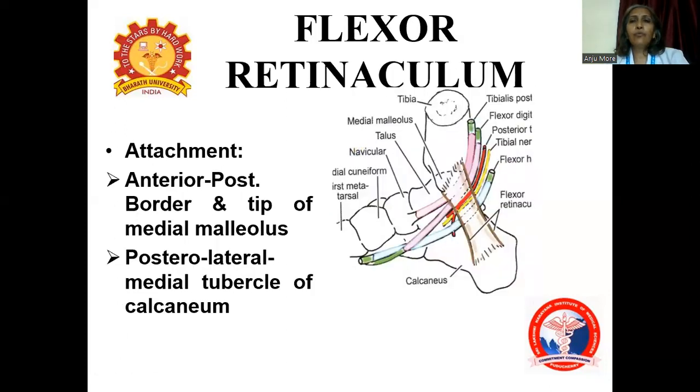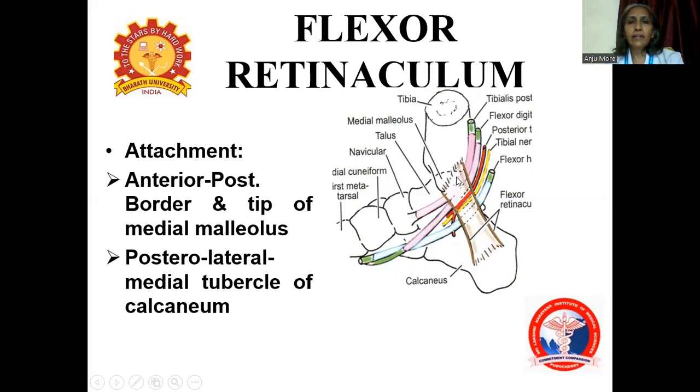In this diagram, we see the said modification of deep fascia, that is the flexor retinaculum. So here in this diagram, we see a band of deep fascia, which is nothing but a thickened deep fascia starting from the medial malleolus, that is the projection at the lower end of tibia, to the medial surface of calcaneus.